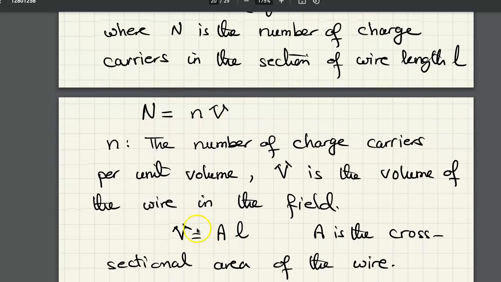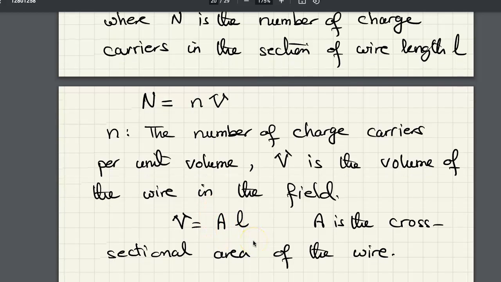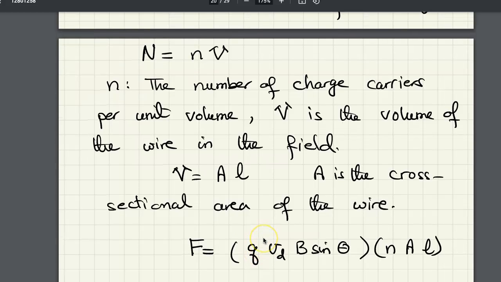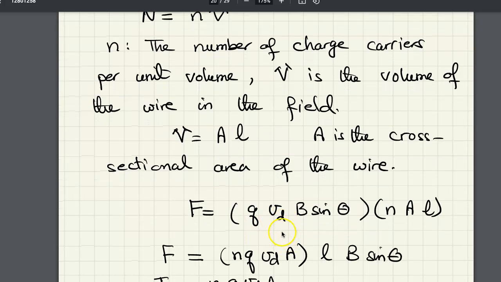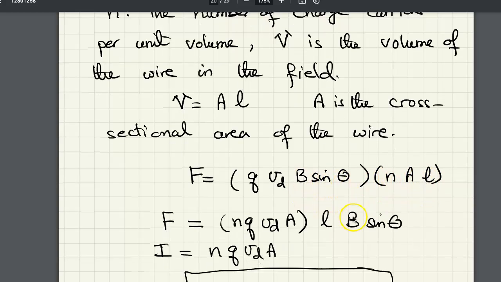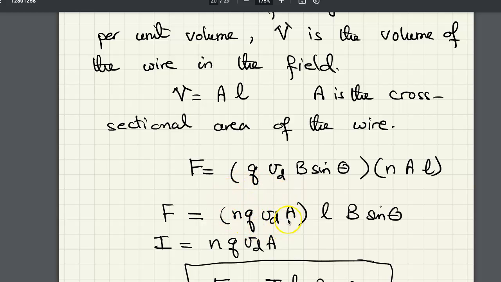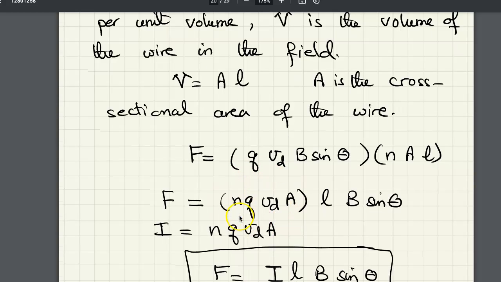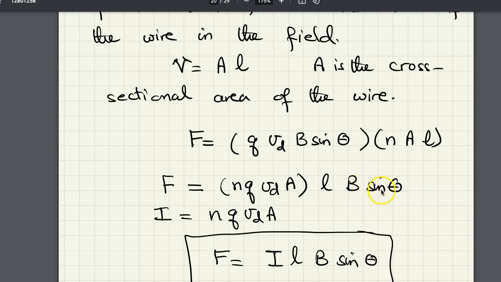And the volume also equals the cross-sectional area A times L. Therefore, when I substitute all these, the force is Q times v_d, the drift velocity, times B times sine theta, and AL, I can have these all together, times LB sine theta.